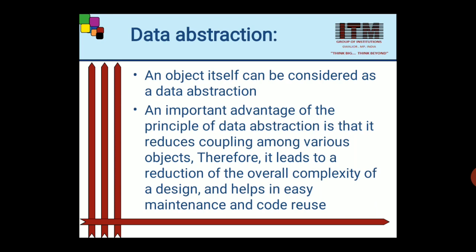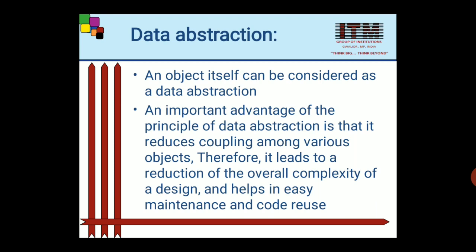The important advantage of the principle of data abstraction is that it reduces the coupling among the various objects. Therefore, it leads to reduction of the overall complexity of design and helps in easy maintenance and code reviews.